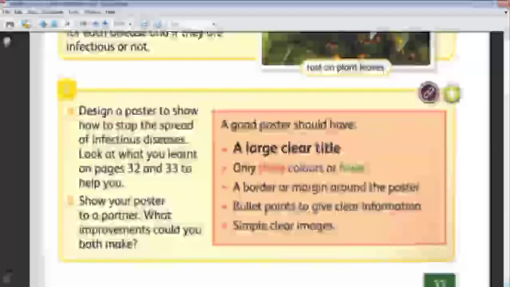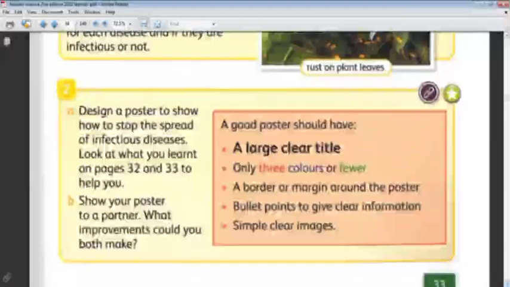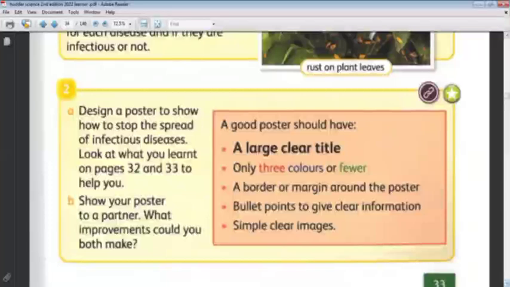Go away from a patient. Yes. Practice hygiene. Yes. Cover our face when we sneeze or cough. Yes.